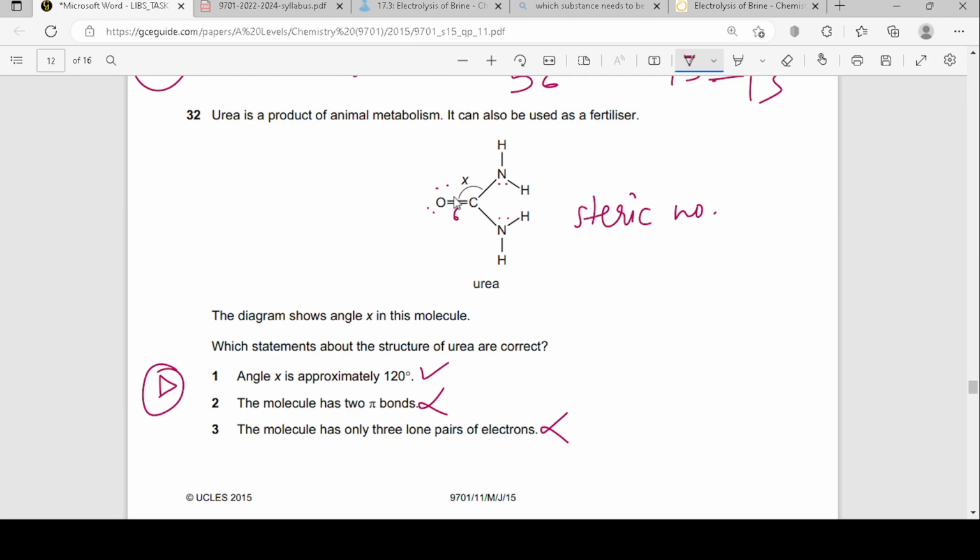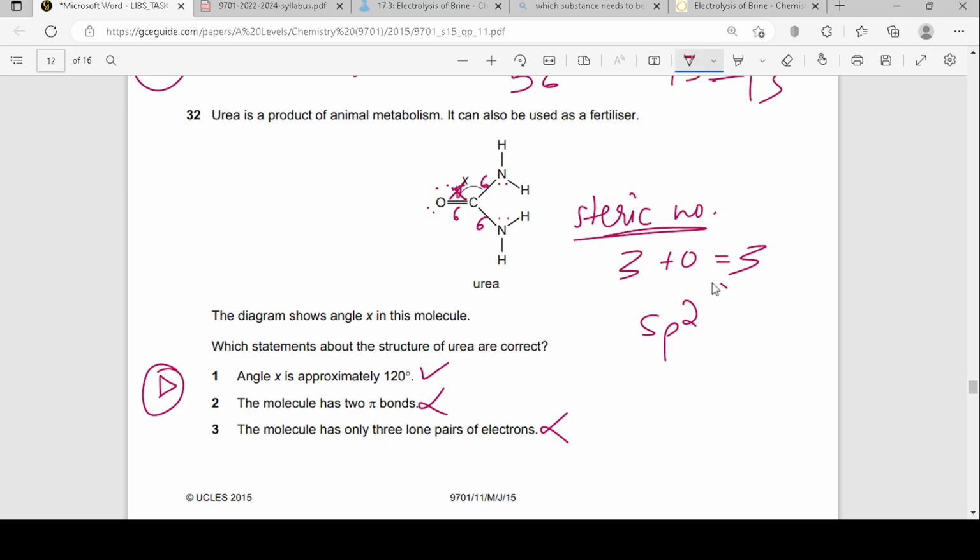There's one sigma bond, this is a pi bond, and pi bonds are not considered for the steric number. So there's one sigma bond over here, another over here, and another over here. So 3 sigma bonds, and no lone pairs, so 0. That gives you a steric number of 3, which means sp2 hybridization, 1s plus 2p.